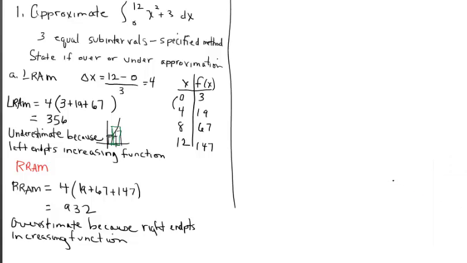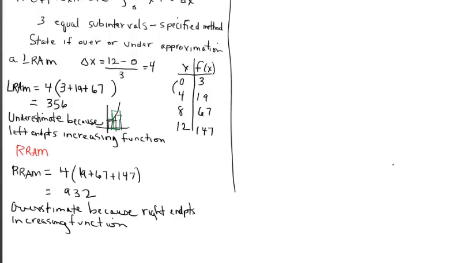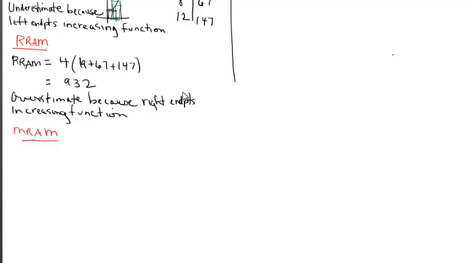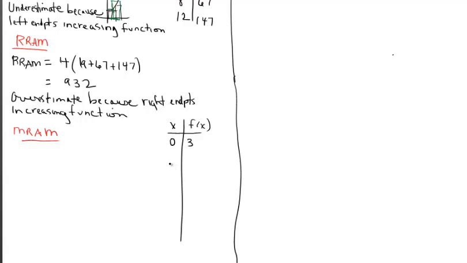Next one we're going to do a midpoint. For this approximation method, I'm going to do an additional t-chart down here because we need some more information. We had the value 0, 3, and then we had 4 was next.